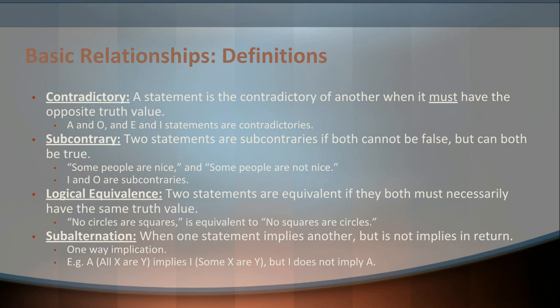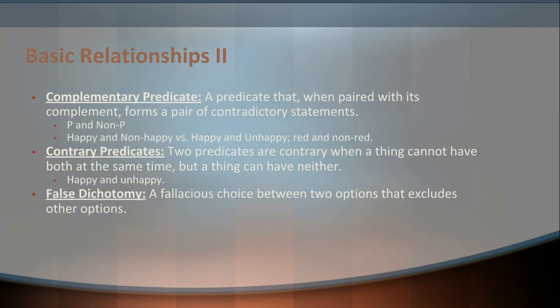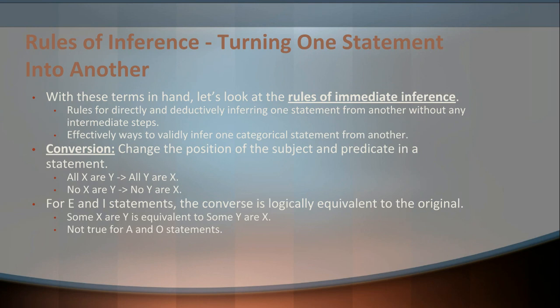Now, out of these basic relationships, and with this vocabulary, we can actually start learning things about the world. We can use one statement to immediately infer other statements and know for a fact that they're true or false. And these use what are called the rules of immediate inference.